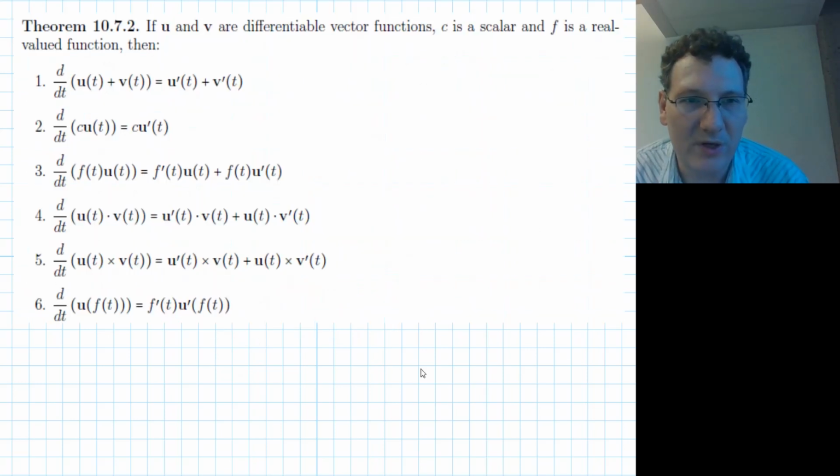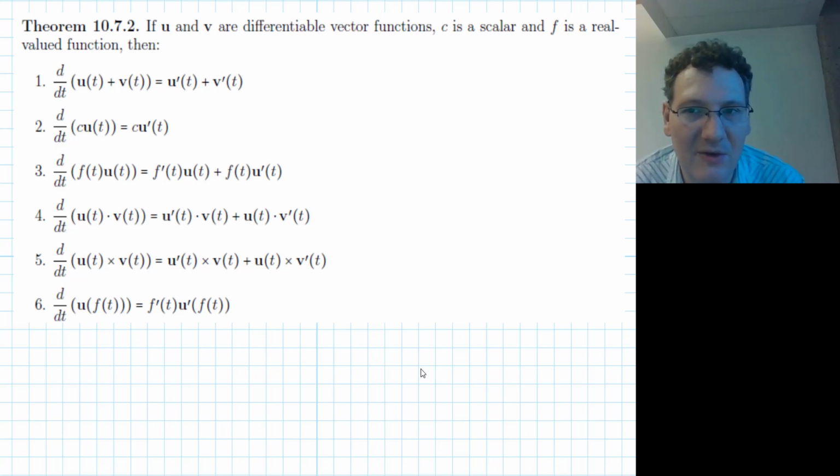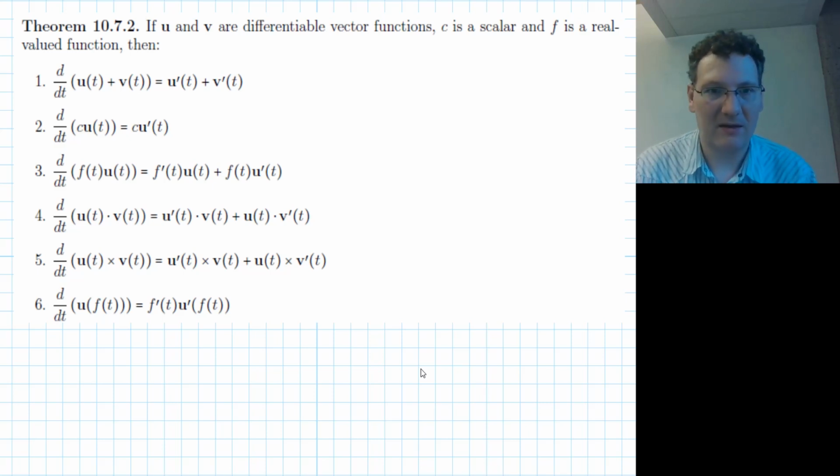Now, rather than rewriting all of these, I'm just going to copy this from my notes. If you have u and v are two differentiable vector functions, c is a scalar and f is a real valued function, here are some properties that we have. So first off, we've got a sum rule.